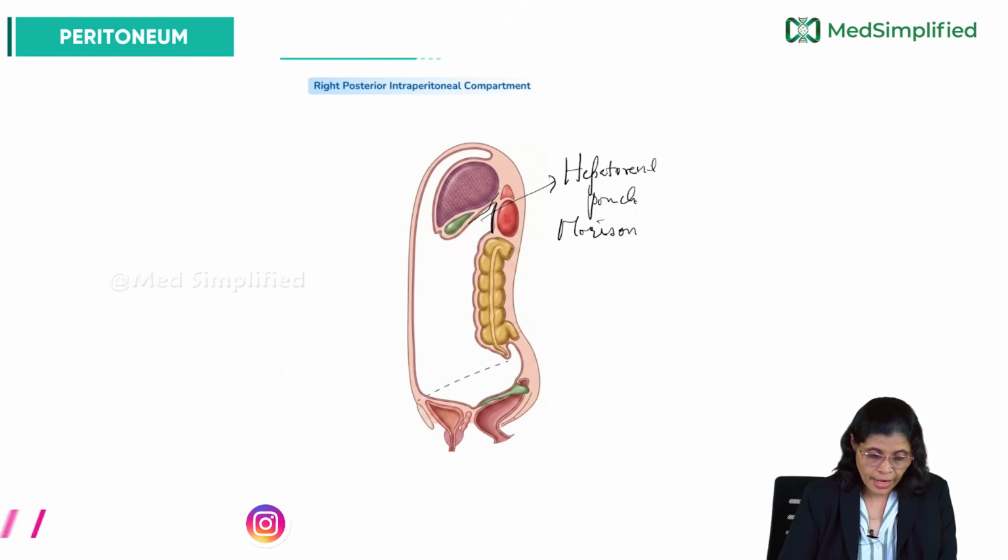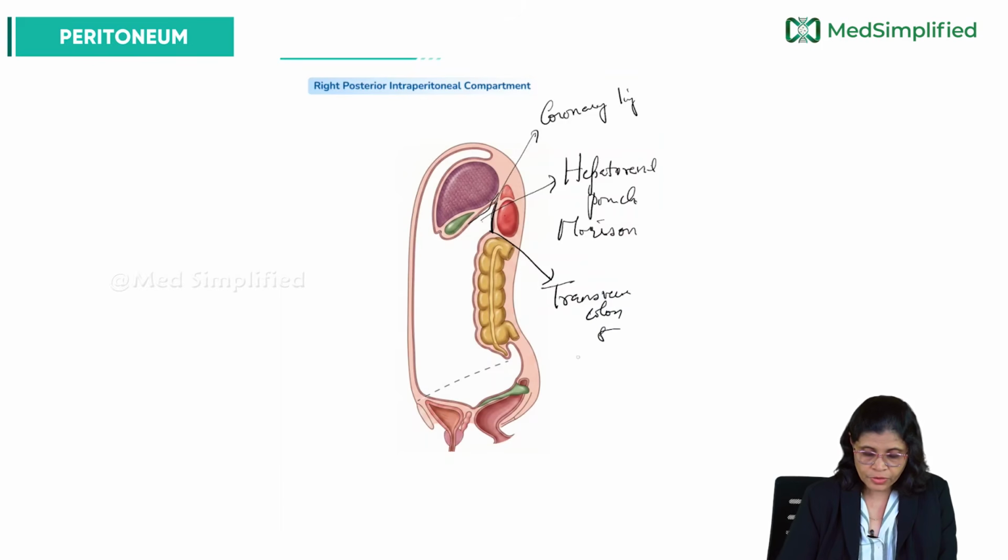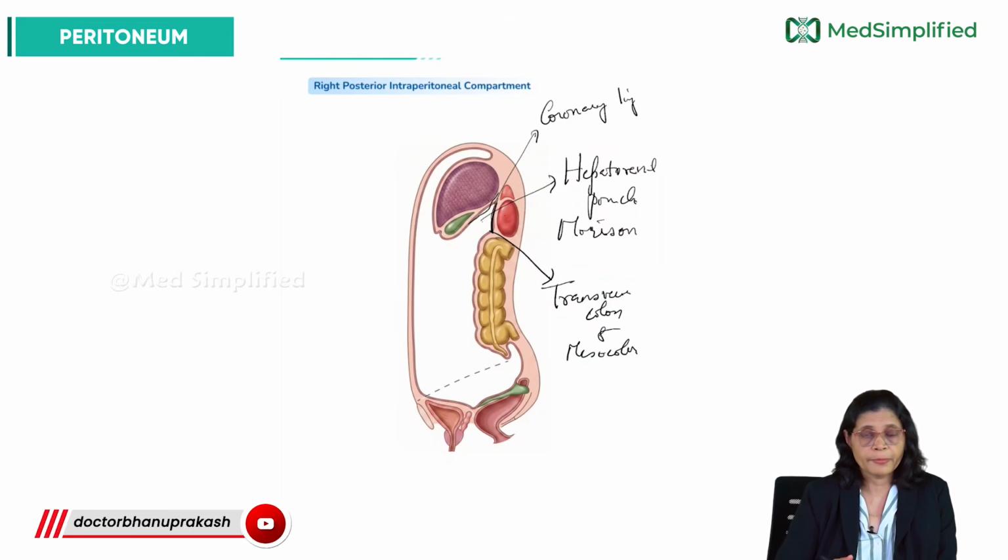Above, it is limited by the coronary ligament. And below it is limited by the transverse colon and the transverse mesocolon. So those are the boundaries of the hepatorenal pouch of Morrison.